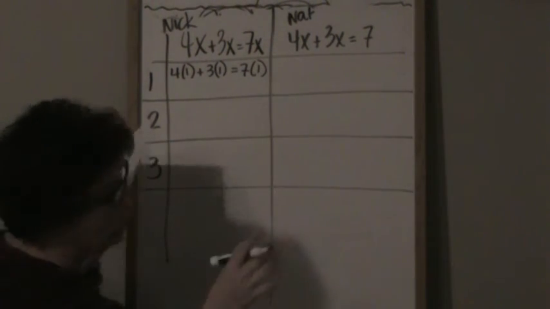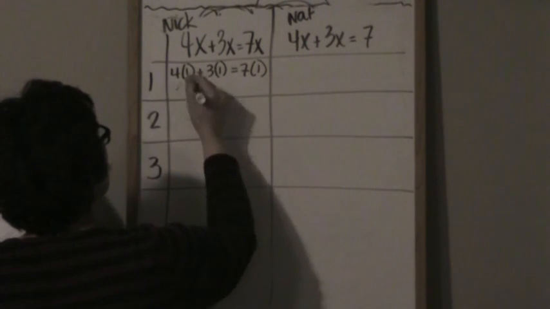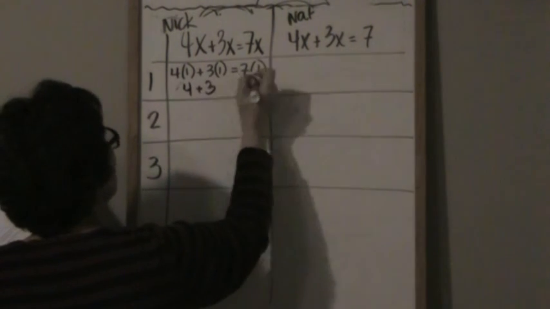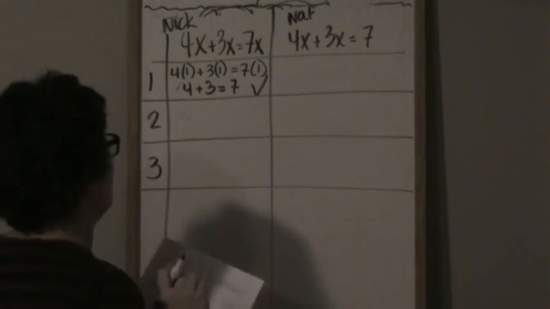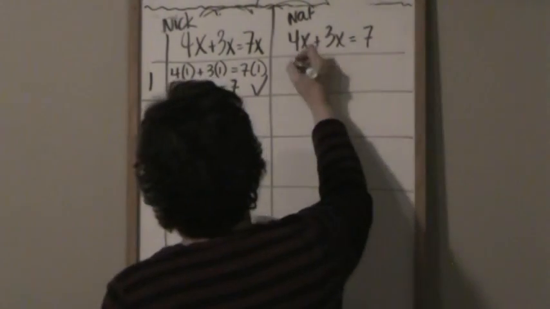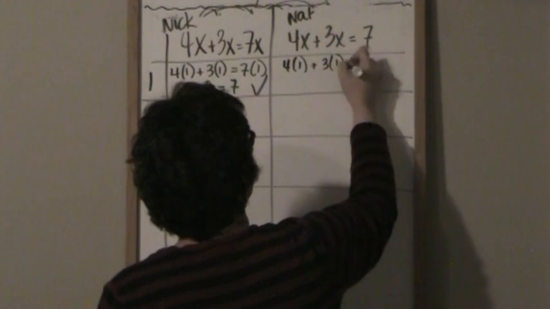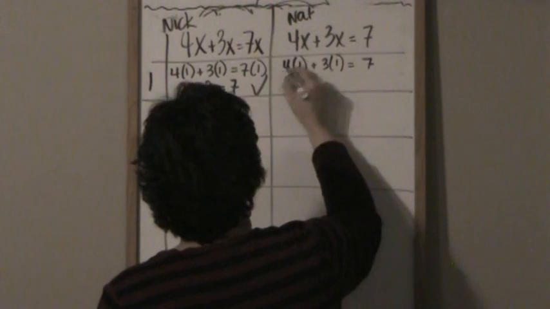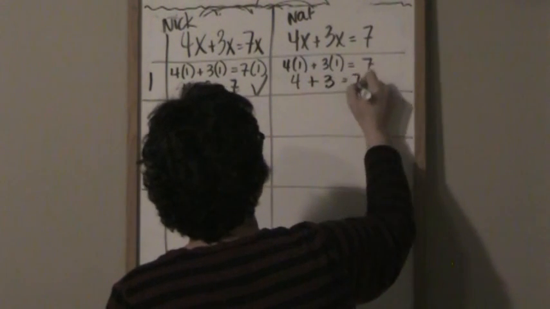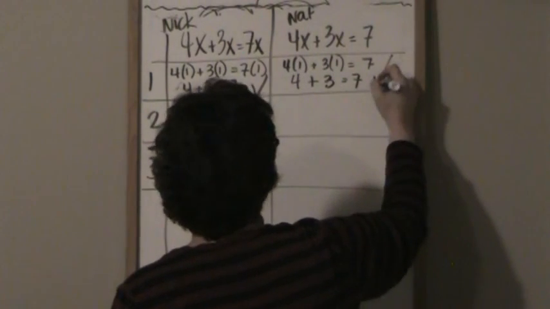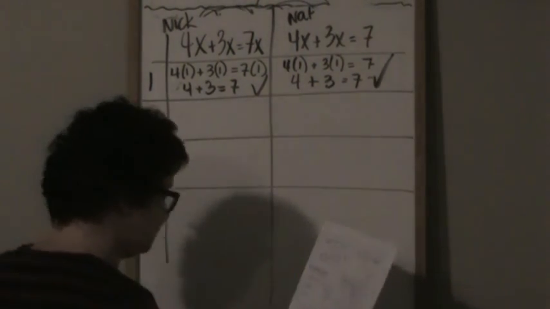I know my ones tables, so 4 plus 3 is equal to 7. Check, check. That's correct, Nick. Good job. Okay, we'll come over here and do it for Natalie. 4 times 1 plus 3 times 1 equals 7. 4 times 1 is 4 plus 3 equals 7. Okay, good job, Natalie. That works for you as well. All right, they're both off to a good start.